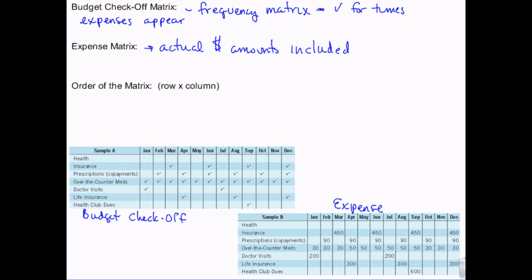So you're only paying a little bit of it at a time, and it's being put away. Which is easier to budget. See, for example, health club dues are $600. It would be easier to budget $50 a month for those than $600 all at once in September.